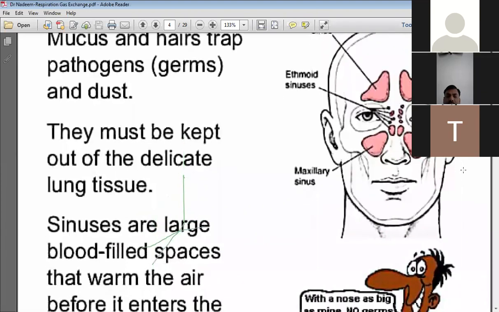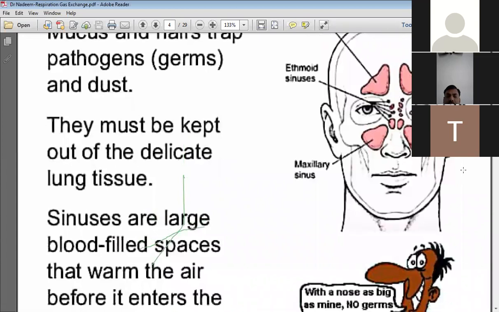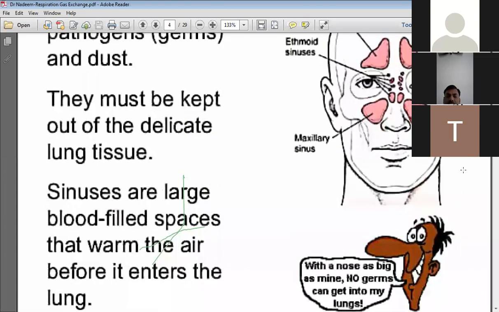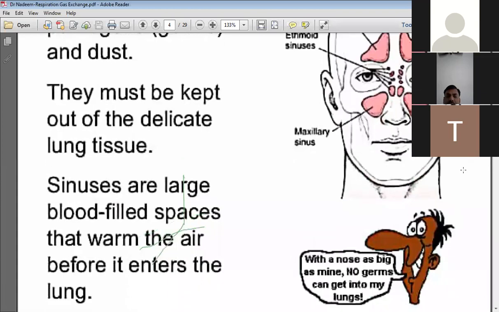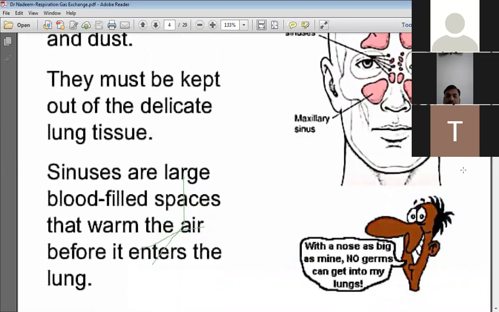No other harmful agents should go into the lungs. Apart from the nose, the sinuses are also there. They are blood-filled spaces that warm the air before it enters the lung. This is the natural way of warming the air through the sinuses.